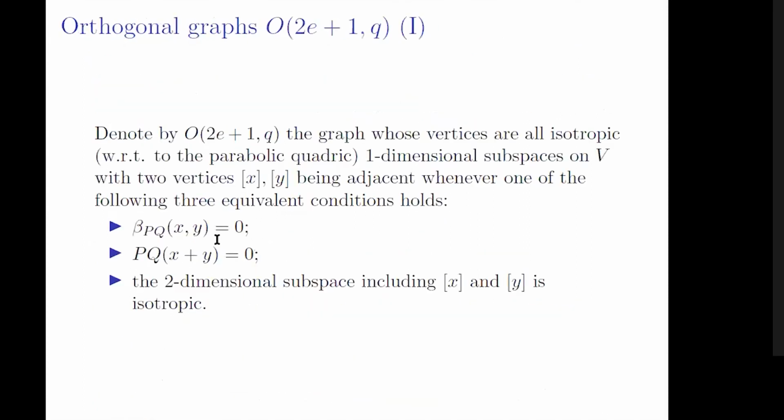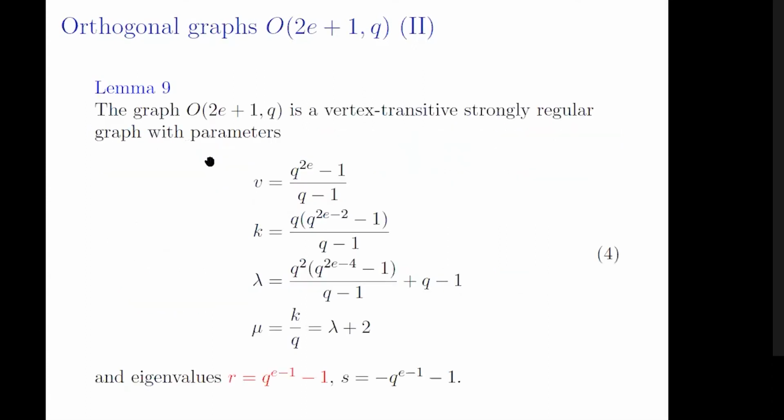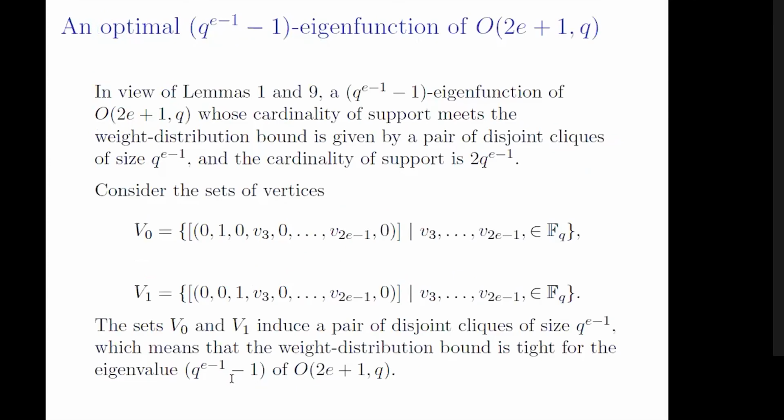We also consider graphs on isotropic one-dimensional subspaces of vector spaces provided with parabolic, elliptic, and hyperbolic quadrics, and the eigenvalue is the same, and we just construct appropriate cliques.